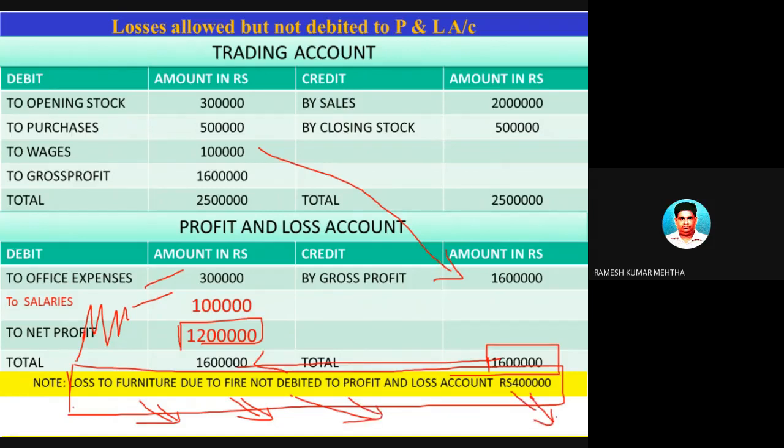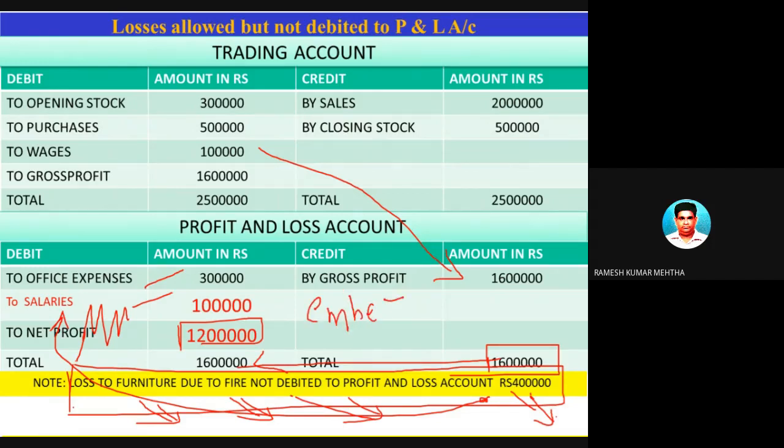So there is a loss incurred to furniture, there was a fire, and the loss to the furniture was 4 lakh rupees. So certainly this loss should be shown on the debit side of profit and loss account as a business loss. Whenever there is a business, there is an element of loss. For example, loss due to embezzlement.